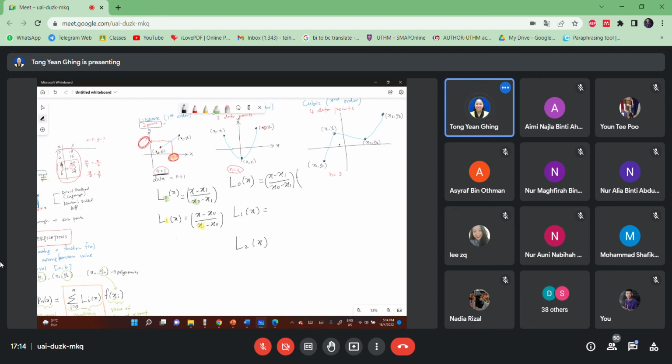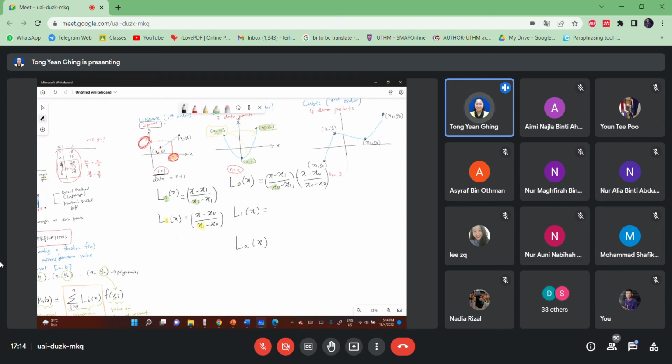Multiply by x minus x2 over x0 minus x2. Can you understand or not? So besides the node itself, x0, you have to minus the rest, because now we have three data points. When you do this with x0 as the base, you have to refer to minus this one, and another one is this one.